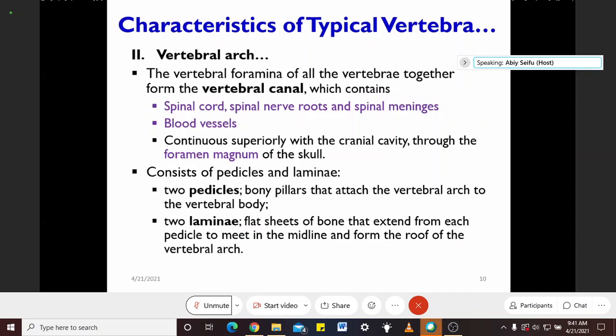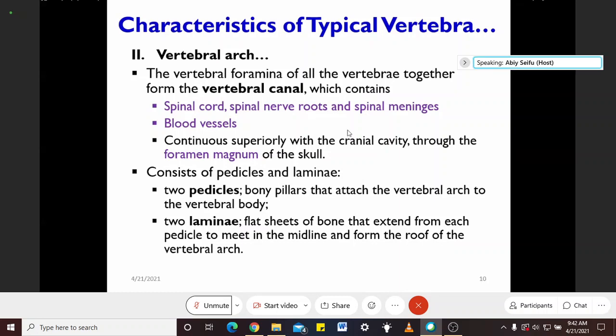So this vertebral canal is formed by the combination of separate vertebral foramina, and the vertebral canal houses the spinal cord and the nerves that arise from it, which are the spinal nerves.